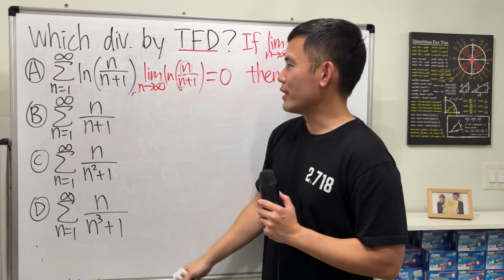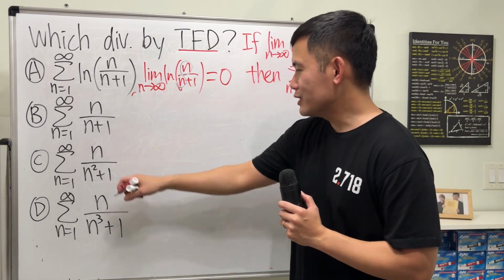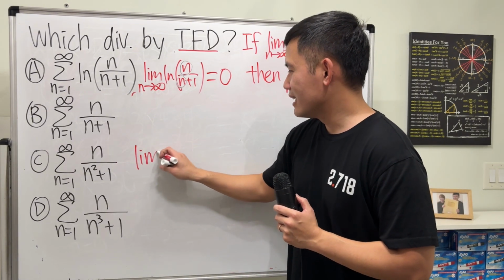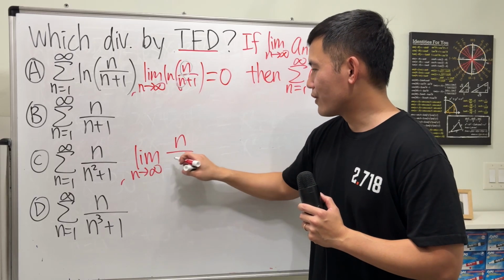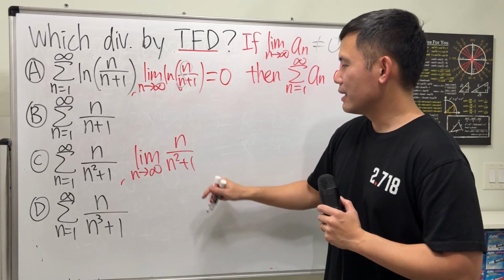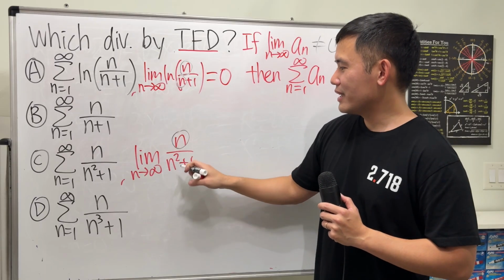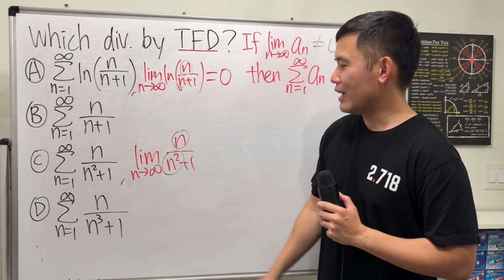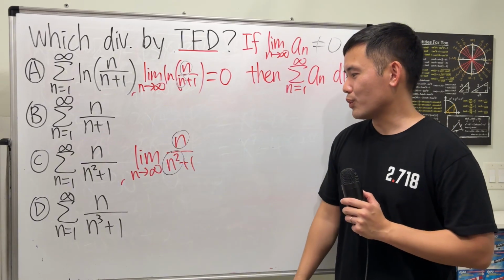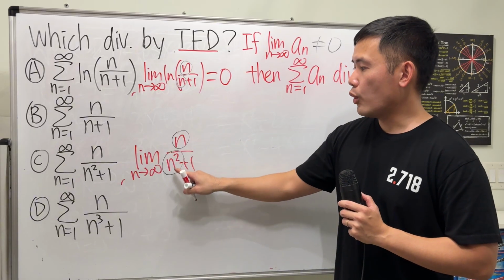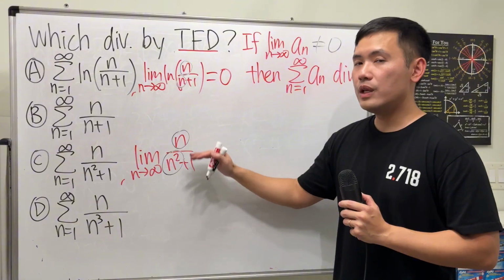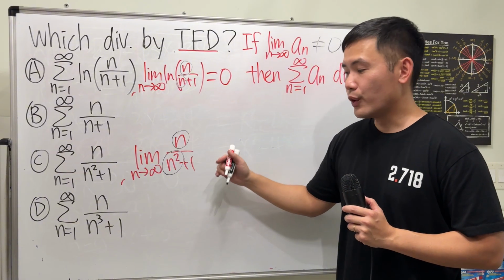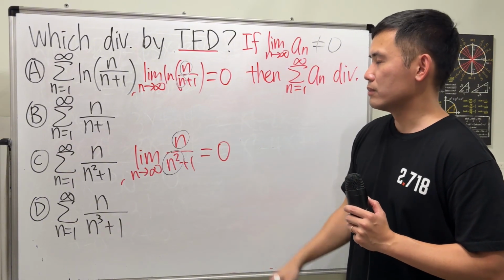Now, do the next one though, later. Do this one though, if we take the limit as n going to infinity of n over n squared plus 1. This time we still look at the n, but here we have n squared. Still ignore the plus 1. This is like 1 over n after we reduce the n. As n going to infinity, we get 1 over infinity, which will give us 0.